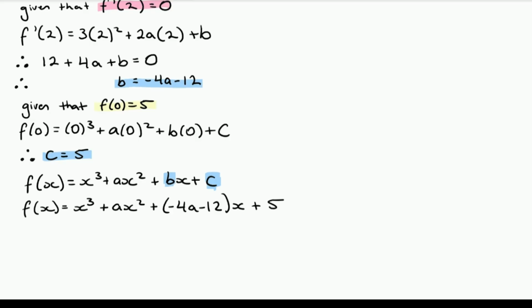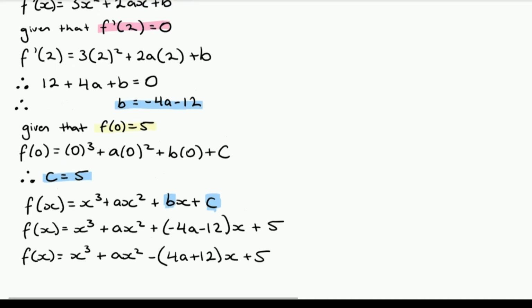So now if I simplify this a little bit further, I'm going to have f of x is equal to x cubed plus ax squared, and remember I'm going to have take 4a, so this probably still has to be in brackets at this stage, so take 4a plus 12 x plus 5.